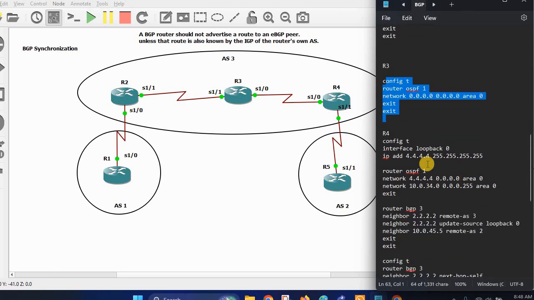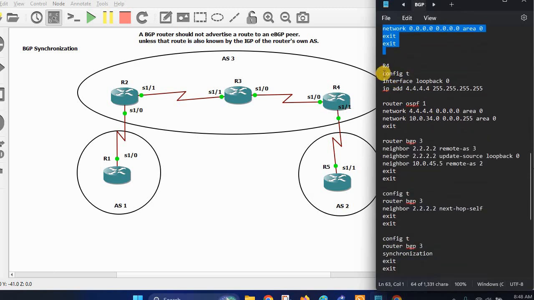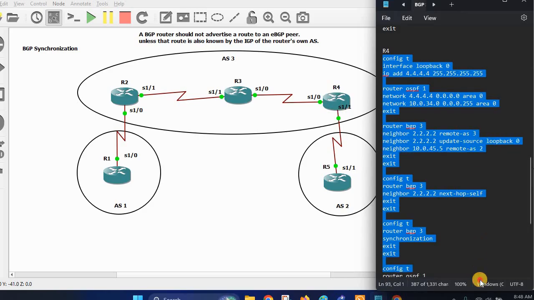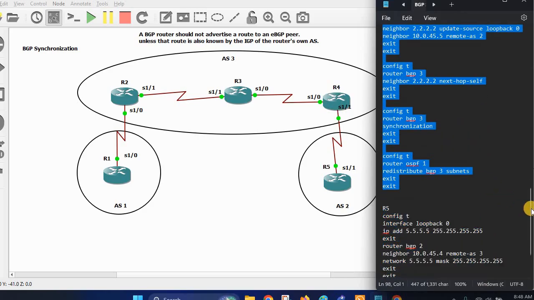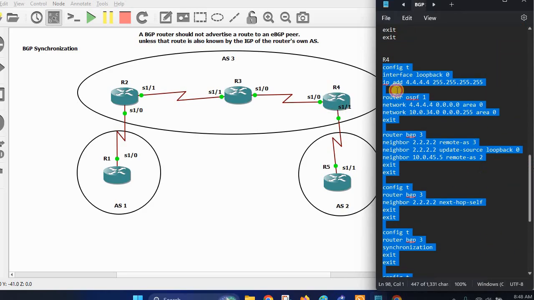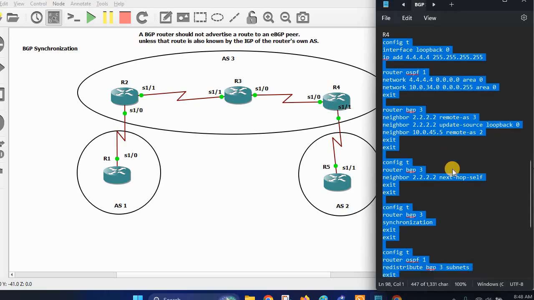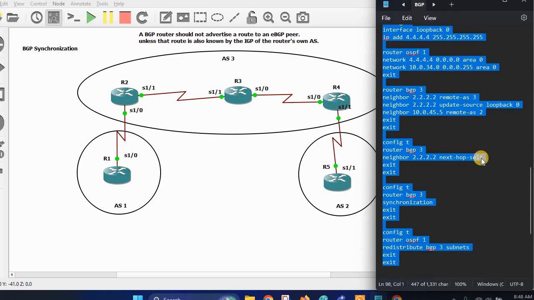Only OSPF. R4 configuration: we configure the loopback interface, configure OSPF and advertise the directly connected networks, and configure BGP. 2 is the IBGP neighbor and 5 is the eBGP neighbor, with next-hop-self configured for R2.